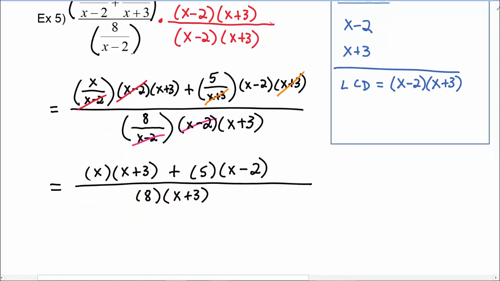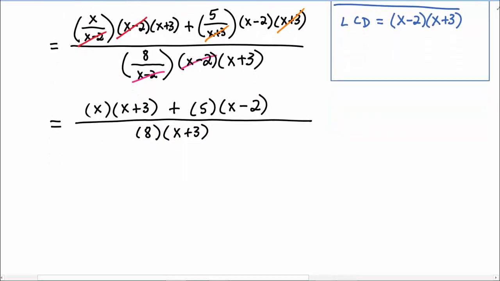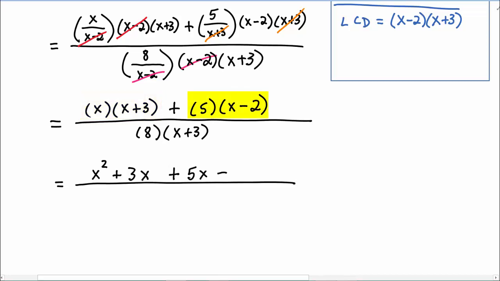Now we can expand each of those out, and we will get x squared plus 3x plus 5x minus 10.